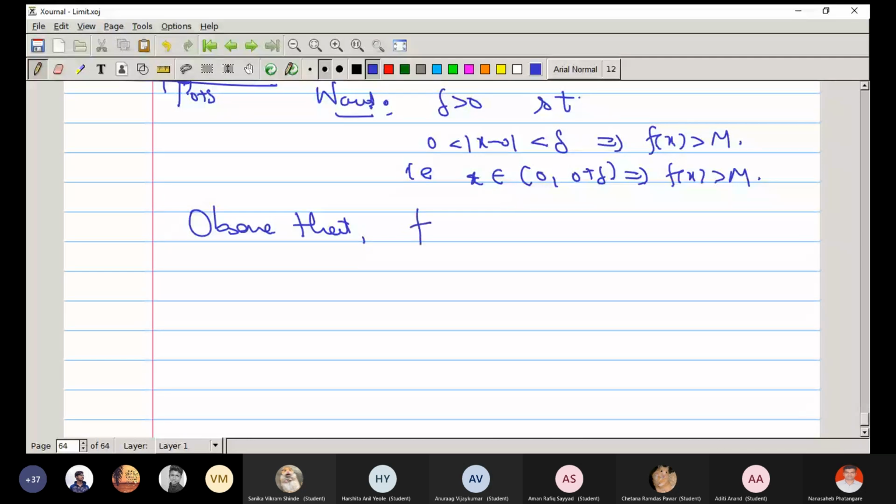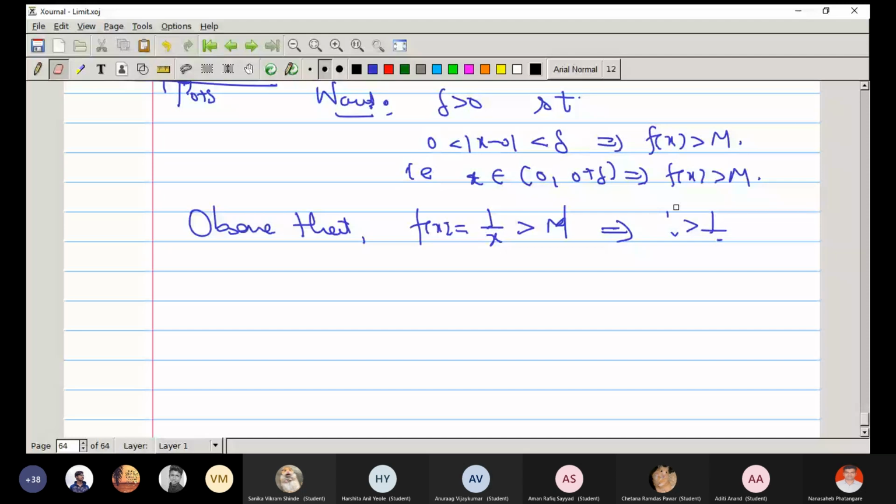We want f of x, that is 1 by x, greater than M. Such x we want to find. So 1 by x greater than M means x is less than 1 by M.